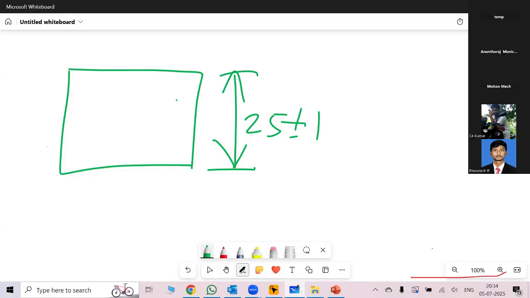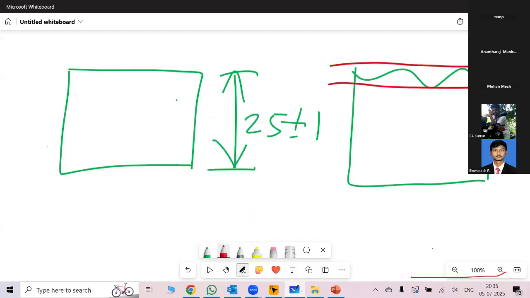So in one of the classes, Joshua was explaining about form. What are the form controls that we have? Straightness, flatness, circularity, and cylindricity. So here what we have is a prismatic part, plane surfaces. So I can end up getting a part like this, right? Now what is this error called? Flatness error. So this size should not be more than 26.